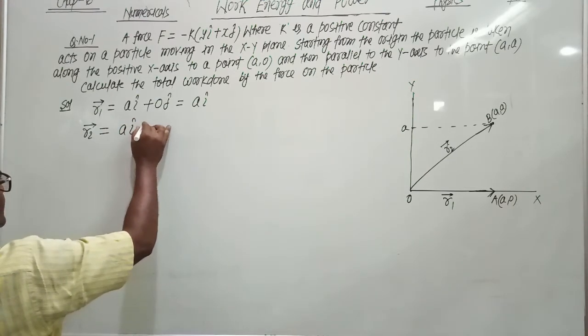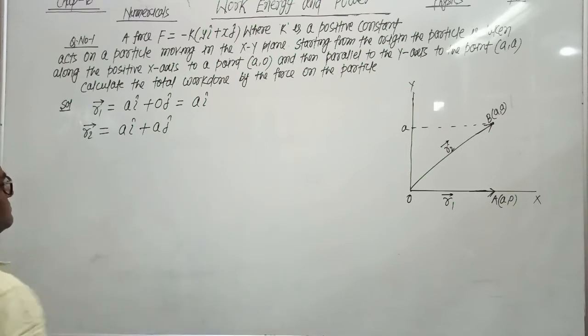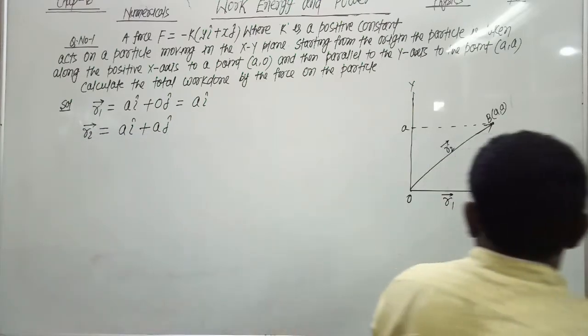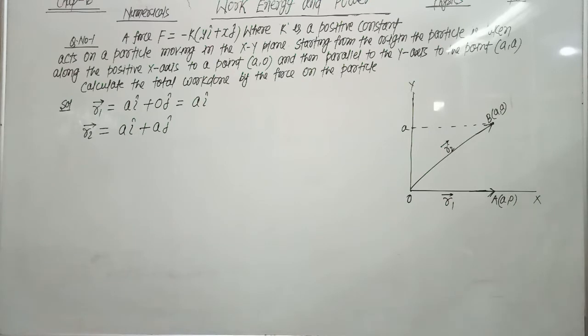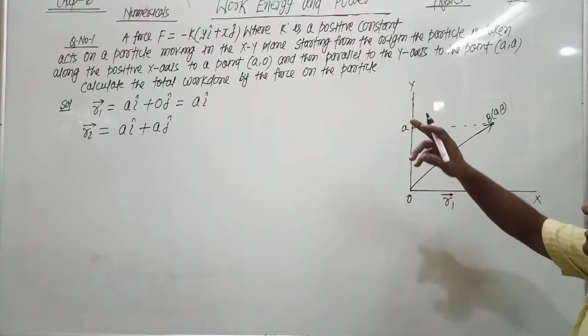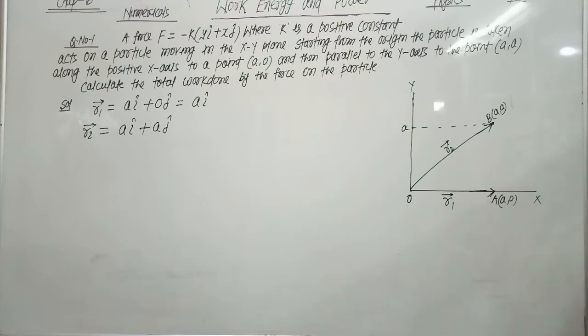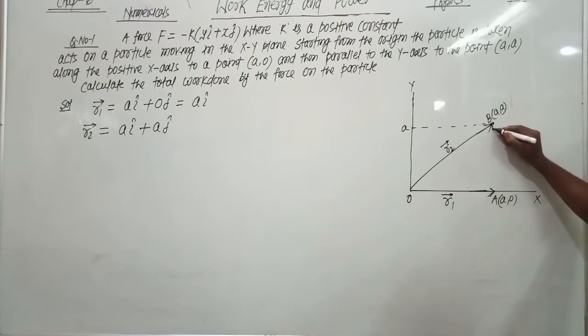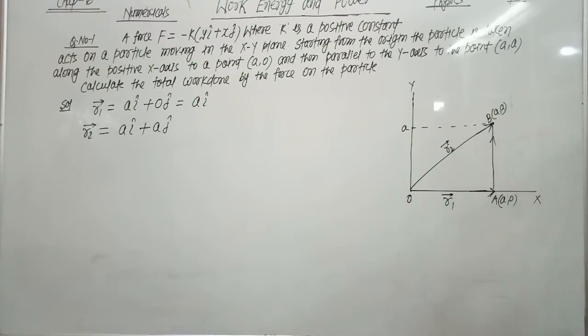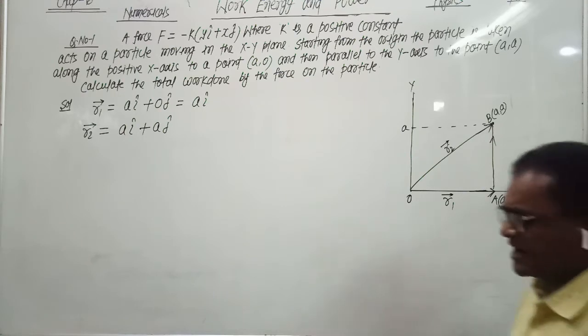So these two positions of the particle are given when a force F equals minus K (y i cap plus x j cap) acts on the particle which is situated at the origin. Then the position vectors of the particle are r1 and r2, and joining these two positions we get the displacement vector. So AB is the displacement vector. OA and OB are the position vectors.